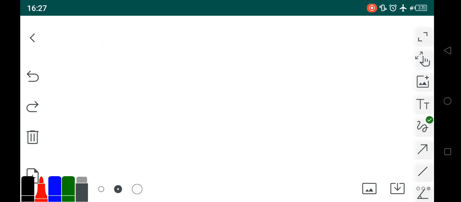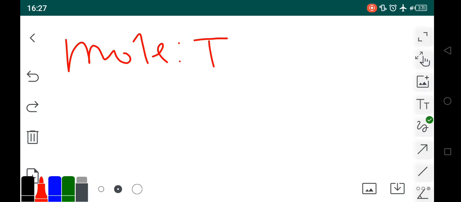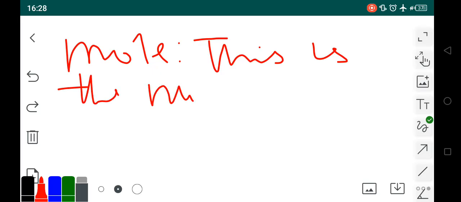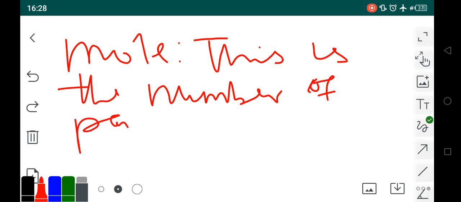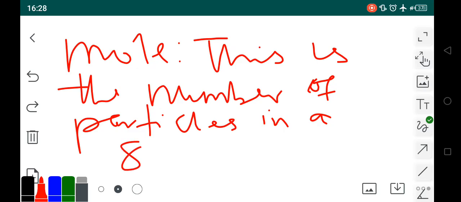To begin, a mole is defined as the number of particles in a substance.